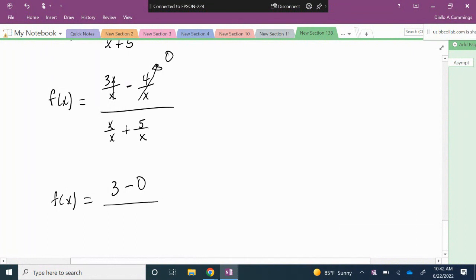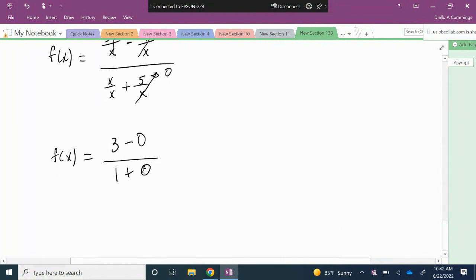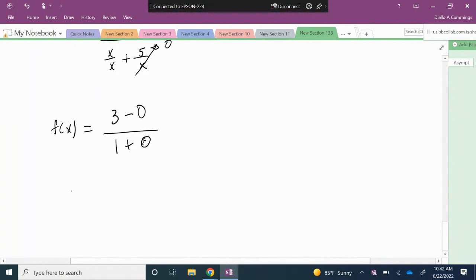Divided by x over x, which reduces nicely to 1, plus 5 over x. That doesn't reduce down to anything, so that is a 0. Right, so now we're just going to simplify. So we have f of x is equal to 3 divided by 1.